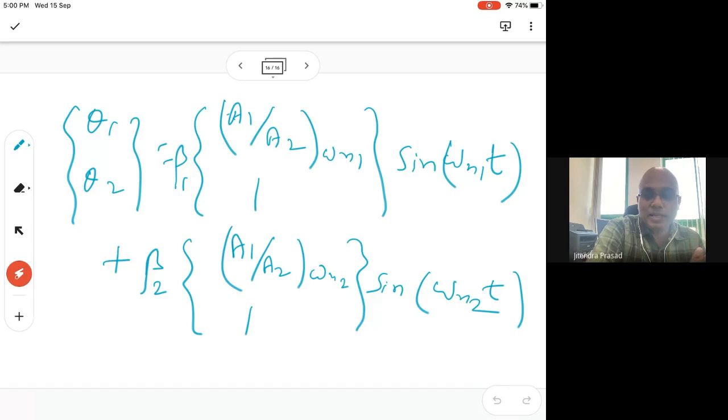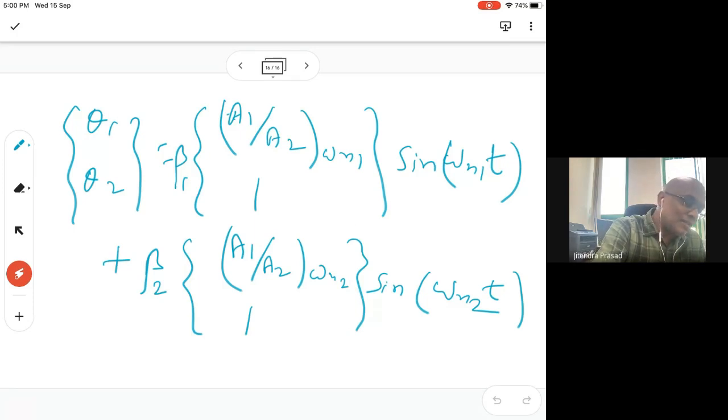And they have some property. They are also orthogonal. What does orthogonal mean? Orthogonal means the dot product will be 0. So the dot product of this vector and this vector will be equal to 0.